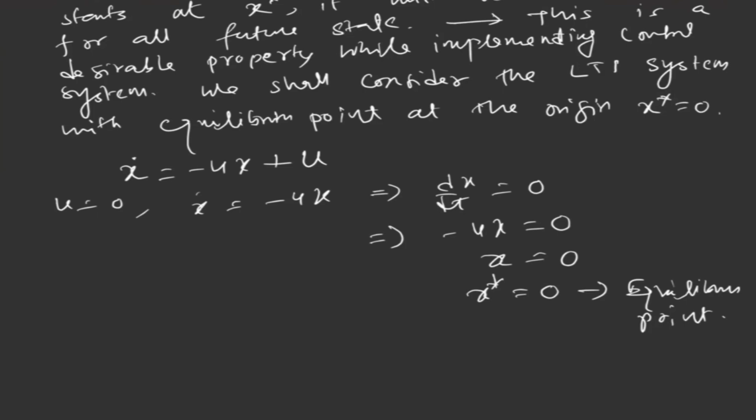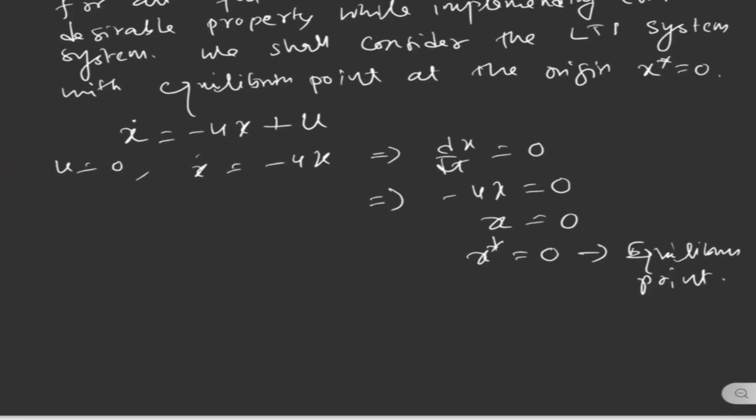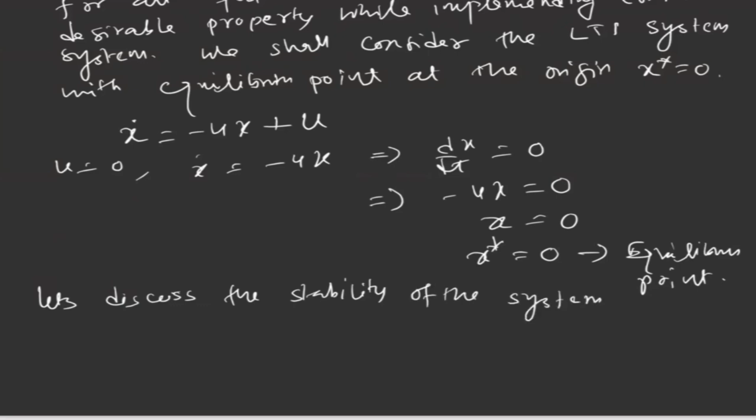Now we'll shift our attention to how we can look at this concept of equilibrium point for an aircraft. Let's discuss the stability, because we'll define the stability of the system about its equilibrium point. Here the system is basically the aircraft.